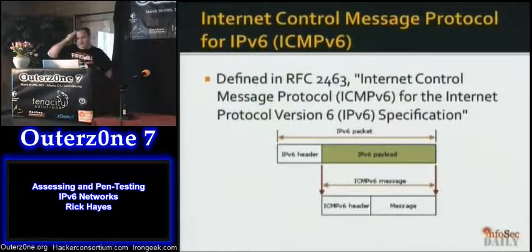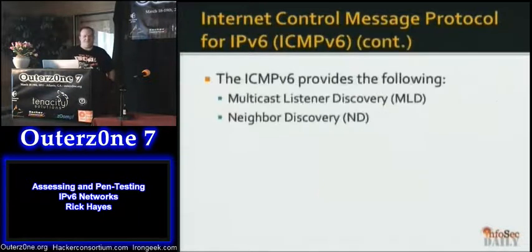So I talked about ICMPv6. Again, it's defined by RFC 2463. This is just what a packet looks like. You see the previous IPv6 header, you have the IPv6 payload, and that payload is going to consist of an ICMPv6 header, and that message is all going to go into the IPv6 payload. ICMPv6 provides multicast listener discovery and neighbor discovery.